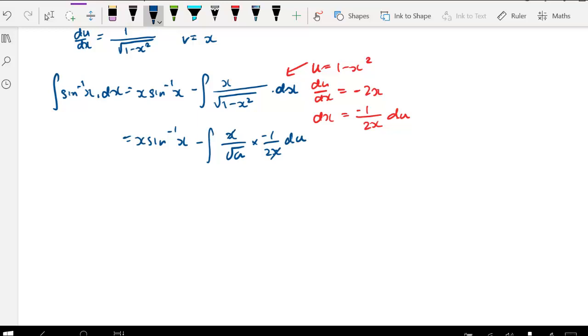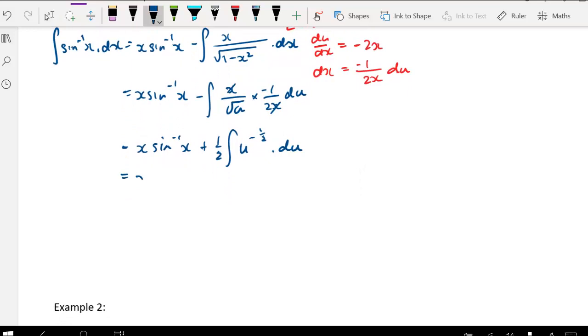Our x will cancel, and we're left with x arcsine of x plus 1/2 the integral of 1 on square root of u, which is u to the negative 1/2 du.